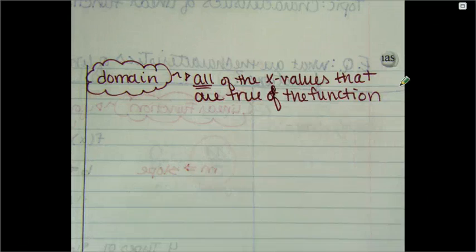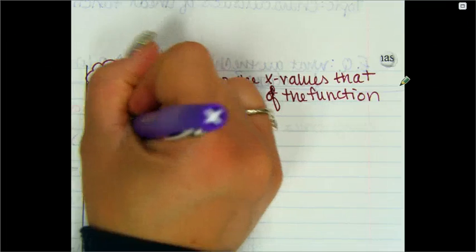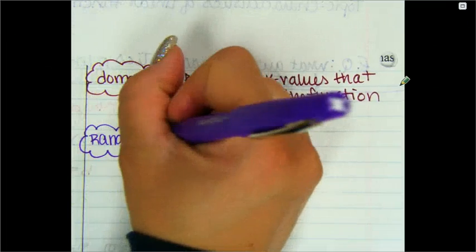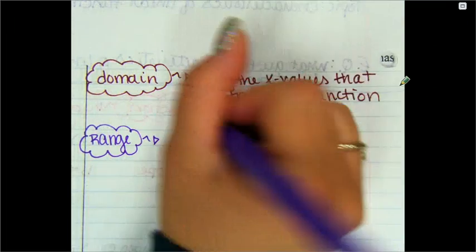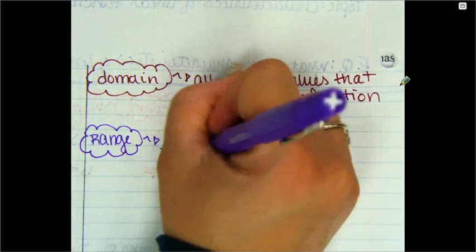So if we're talking domain, we also need to talk about range. And if domain is all of the x values, range is all of the what?